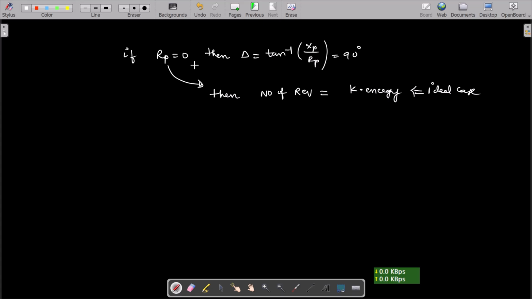So what we have to observe is that we need to remove the error due to the pressure coil or shunt coil resistance in order to get the true energy read by the energy meter.